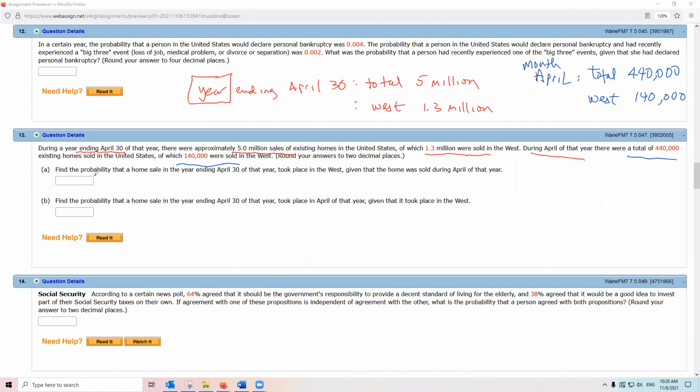Part A, find the probability that a home sale in the year ending April 30 took place in the West, given that the home was sold in April of that year. All right, so let me try to write this down carefully. They want me to know what's the probability that in the year ending April 30, it took place in the West, given that the home was sold during April.